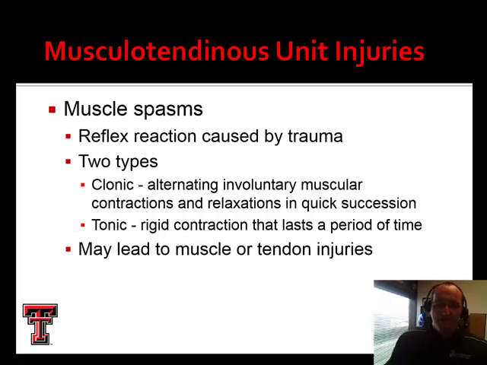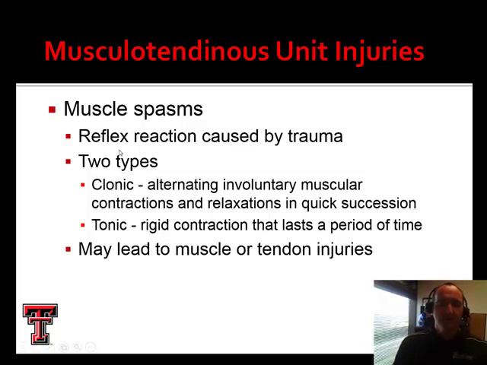Much like cramps, muscle spasms are a reaction caused by trauma. There are two types, clonic and tonic. With clonic we've got alternating muscular contractions and relaxations, basically pulsatile in nature, and then tonic where they just kind of lock down and it's a rigid contraction for a long period of time.